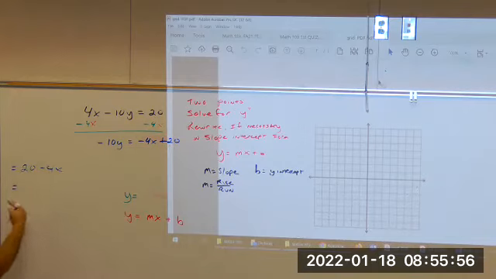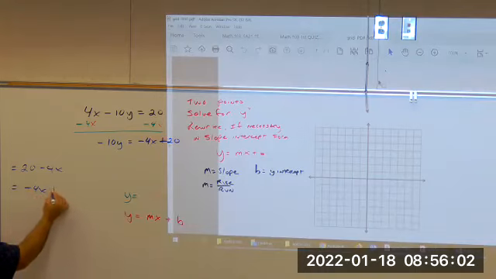X would go first. If you do that, just remember it's a negative 4x. And that's a positive 20, so it would go plus 20. If you switch the order. Okay, it's perfectly fine. You can switch the order. Addition is commutative. And again, that's something from the previous class.